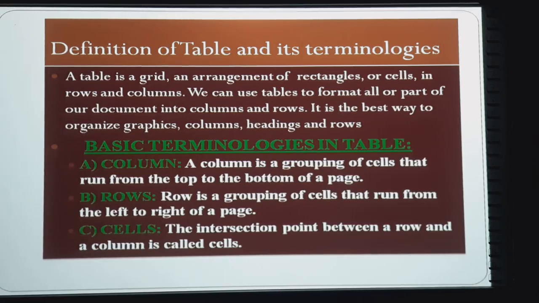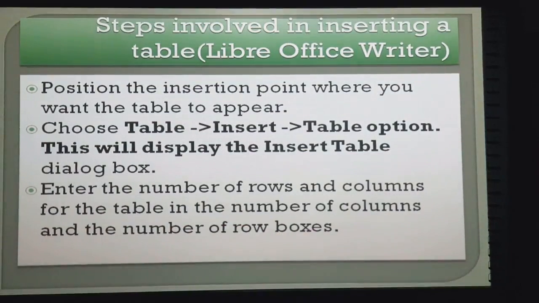Now we will discuss all those things by showing them in your LibreOffice Writer application. So, steps involved in inserting a table. First of all, we will learn how to insert a table, followed by the terminologies, that is columns, rows, intersection point or cell. So position the insertion point where you want the table to appear.